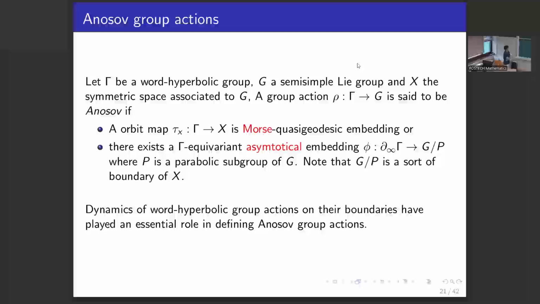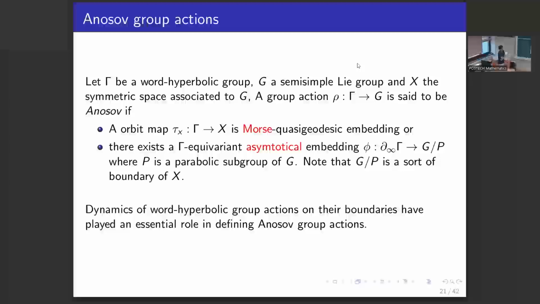you can think of the orbit map, right? The orbit map is a Morse quasi-geodesic map. In convex co-compact group action, we don't need Morse. Okay, so we need a stronger condition on the embedding. I'm not going to explain what the Morse things are, but this is a stronger thing. And there exists some embedding, okay?